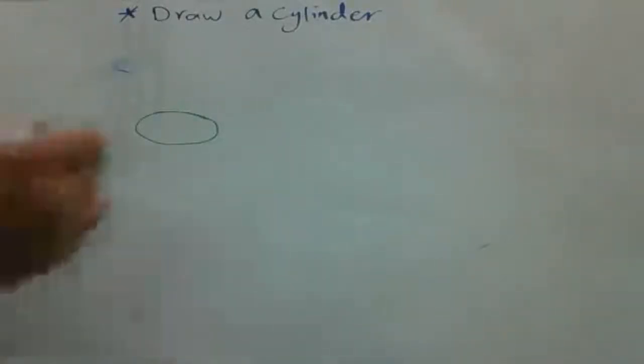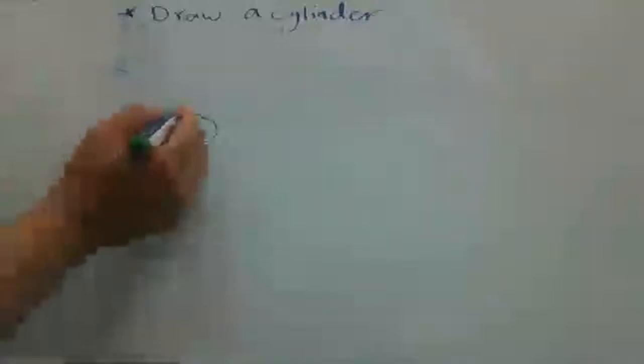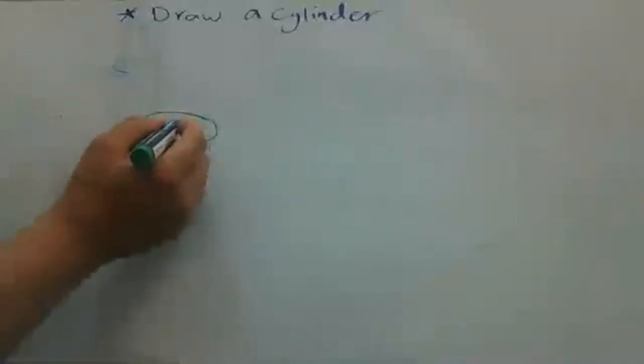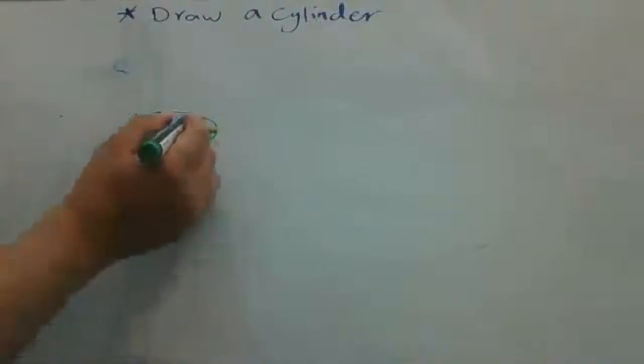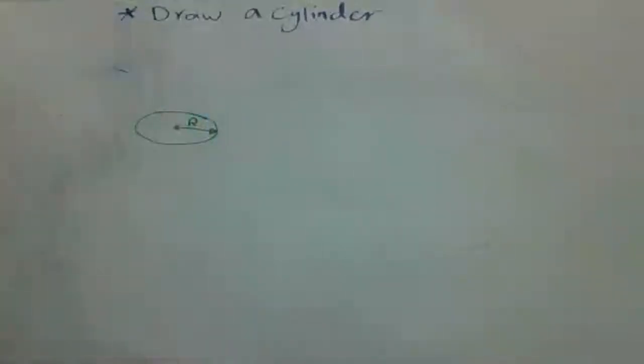This is the base, and the pictorial of the cylindrical basement can be drawn by using the radius of a circle.